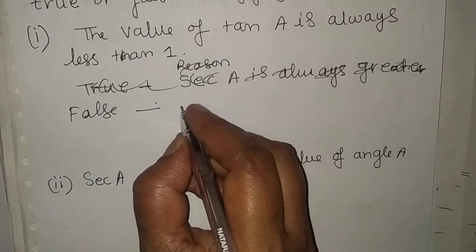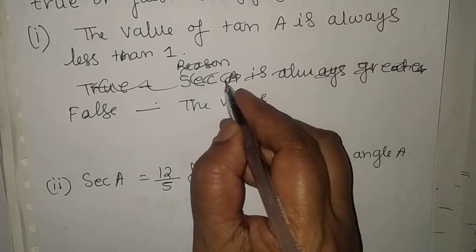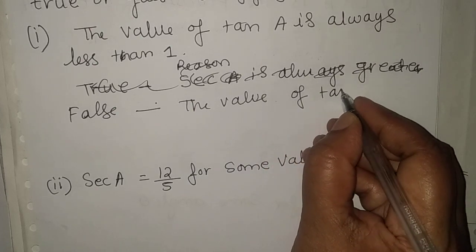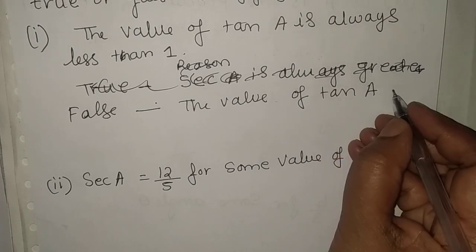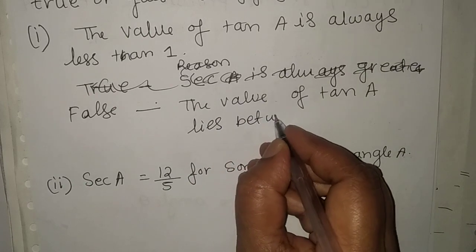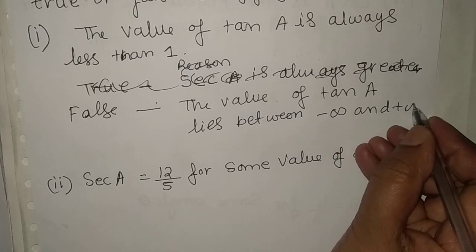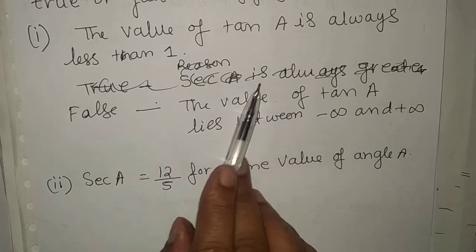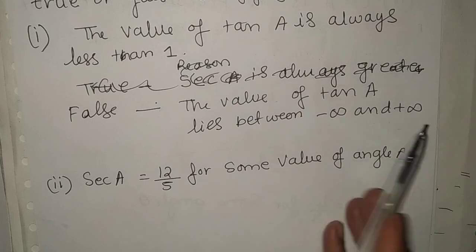The reason is the value of tan A lies between minus infinity and plus infinity. So the statement that the value of tan A is always less than 1 is false.